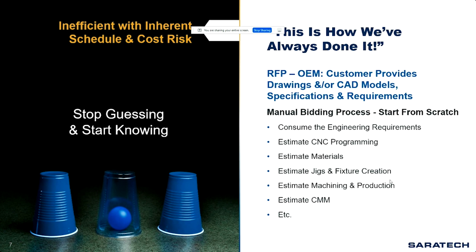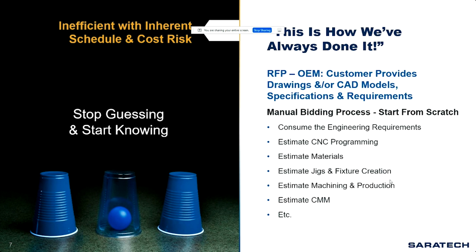And when we ask different customers why is it taking so long, we often hear, well, this is just kind of how we've always done it. We have to consume the information, like Mike mentioned, but to build that proposal, obviously we need to start doing a lot of estimating or guesstimating, right?